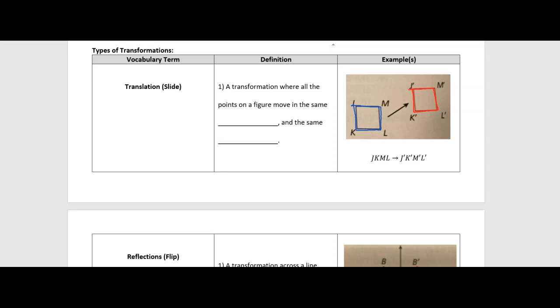It's not flipped over. The figure is in the same relative position as it was when it started, as far as where the vertices are. J prime is still in the top left, M prime is still in the top right, etc. That doesn't hold true if we look at a reflection.